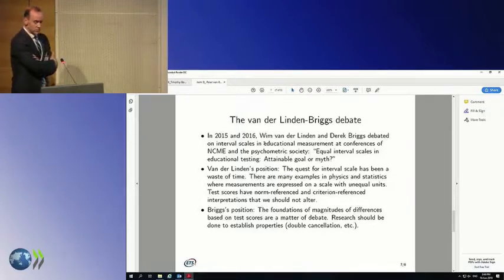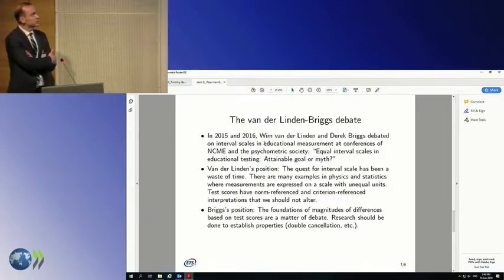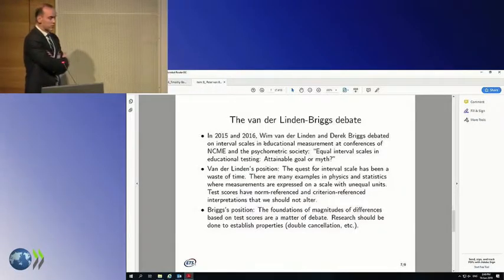And he was arguing that test scores have norm referenced or criterion referenced interpretations that we should not alter, and can really be useful, leading to useful theoretical and practical implications.